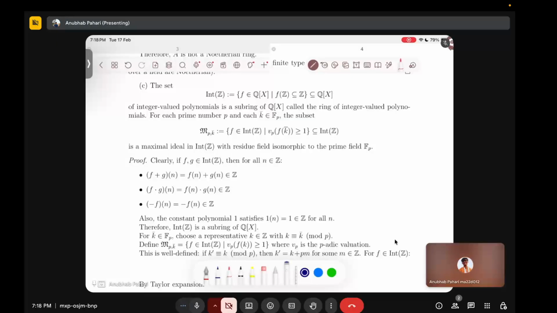Because rational polynomials are also defined on integers, as integers are rationals, you can put integers in the variable, and therefore you can write it as f(Z) is contained in Z, which is again a subset of Q[x].